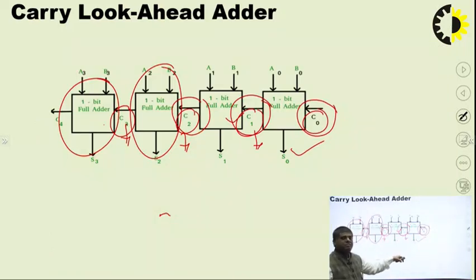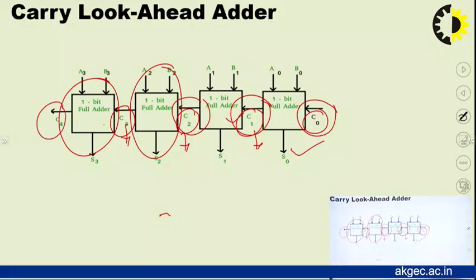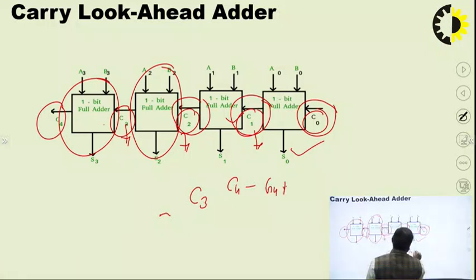C1 here, the circuit diagram of C1, C2 the circuit diagram of C2, C3 the circuit diagram of C3. Similarly, we can also calculate the value of C4, that is G4 plus P4 and C3.